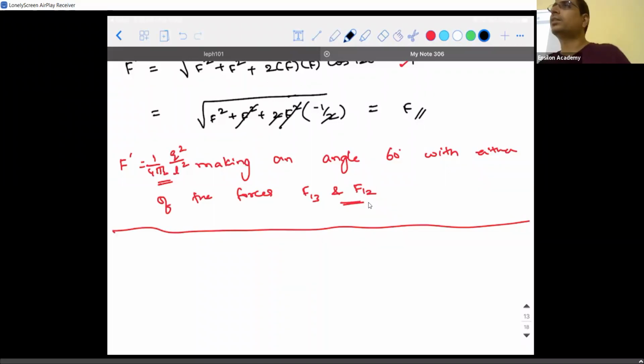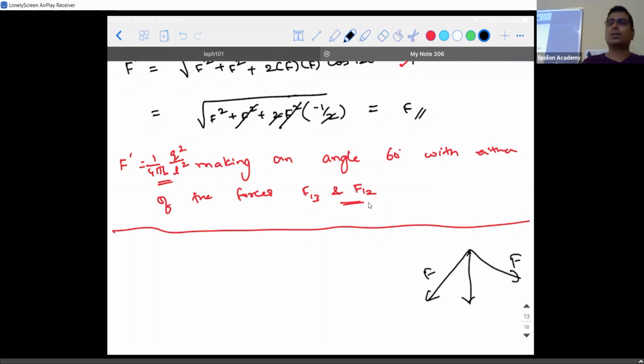You should take the angle between the vectors to calculate the resultant. Did you make this mistake? You took it as cos 30. The 30 degrees will come only after you find the magnitude of the resultant. So I'm repeating it again: for finding the magnitude of the resultant, always use the angle between the vectors, cos 60. Because this is 60 degrees, you should take this angle, that is the angle between the vectors.